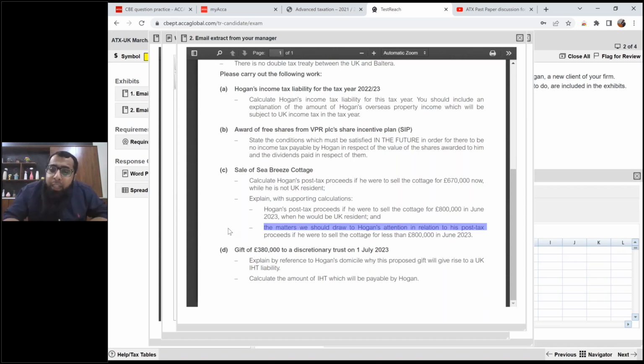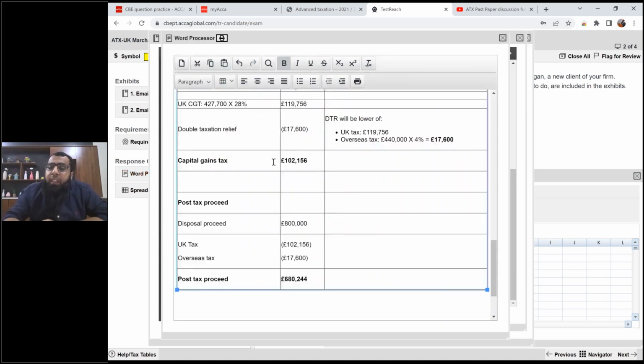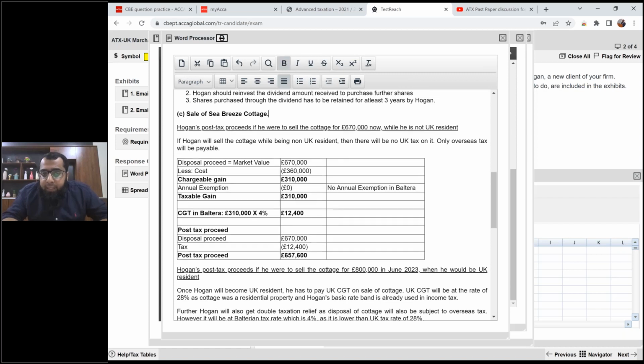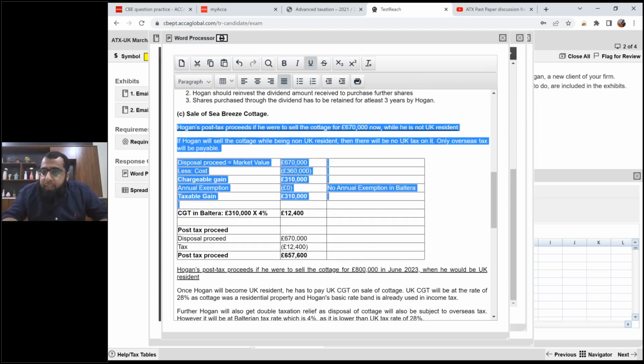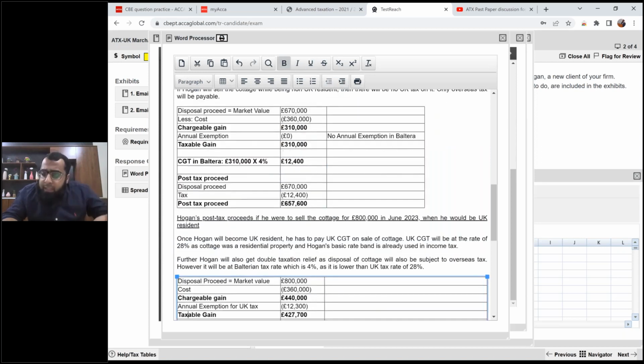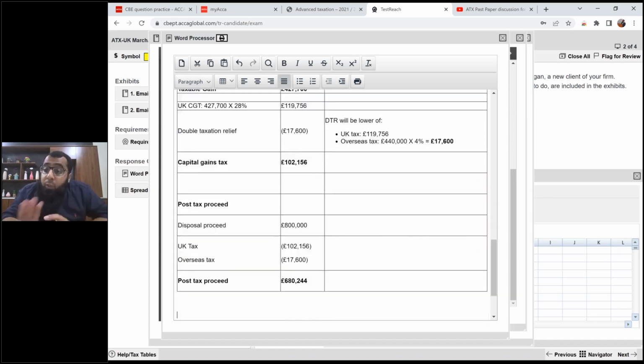This entire requirement was 7 marks, and it was very easy. In the UK residency part, there were chances of a few errors, but it was not technical.